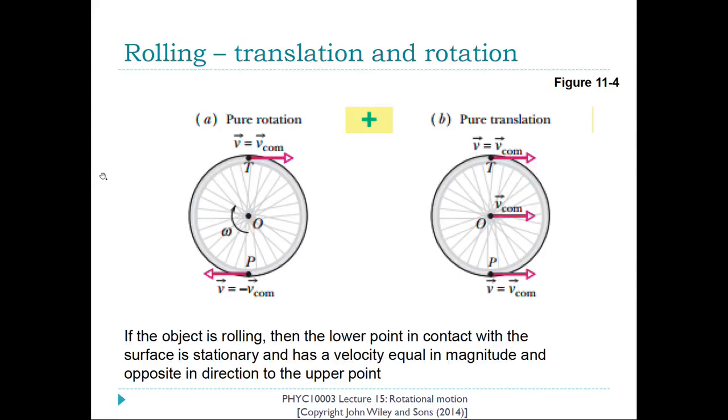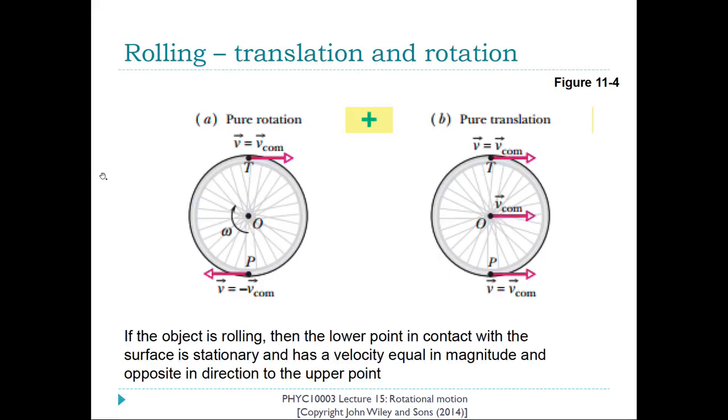And of course, this is dependent on the angular velocity of the wheel as it turns at the point 0, which is the center of mass. But we have to add that to the pure translation, the linear motion of that object as it's moving in space. So in that case, all three of those components are moving with the same speed in the same direction.